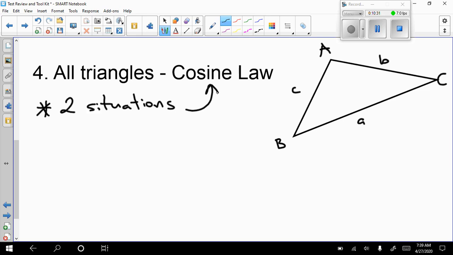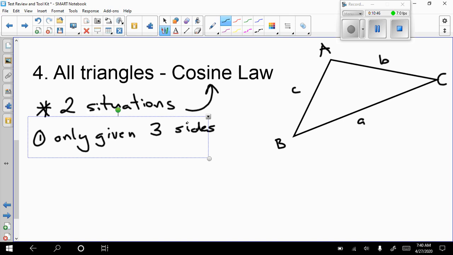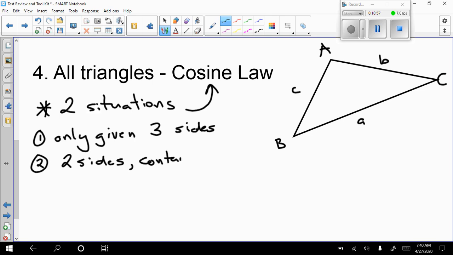And what those are is that if you are only given the three sides, you have to use cosine law, or if you are given two sides and what we call the contained angle. Two sides and the contained angle.